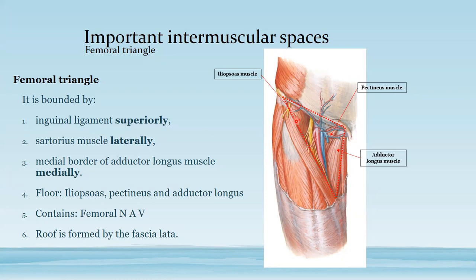It contains the femoral nerve, femoral artery, and femoral vein. And the roof is formed by the deep fascia of the thigh, which is the fascia lata. So you have to know this.